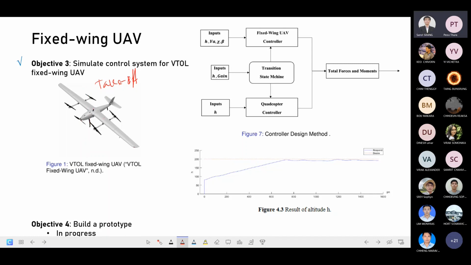And when it flies for a large distance, it uses this propeller and flies in a straight direction like this. So we design a controller using a state machine to switch from the controller acting as a quadrotor to the controller acting as a propeller for fixed wing UAV, like this.